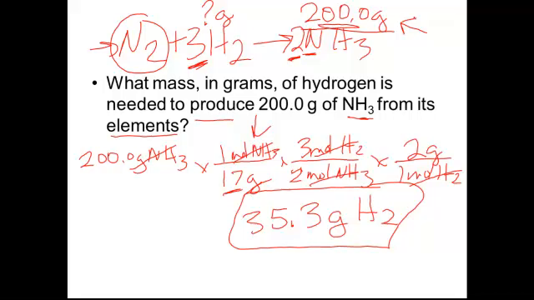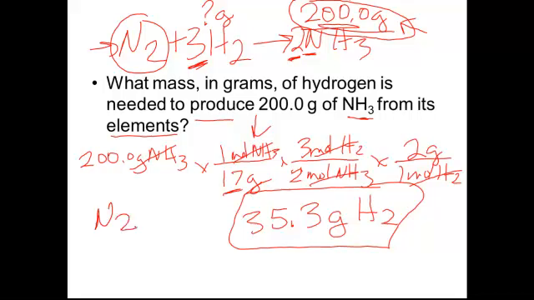Now, they don't ask us this, but they actually could say, all right, how much nitrogen do you need as well? And this is one where we could actually just use logic. If we have 200 grams of product, according to the law of conservation of mass, we have to have 200 grams of reactants. So if we have 35.3 grams of hydrogen, the amount of nitrogen you need would have to be 200 minus 35.3.